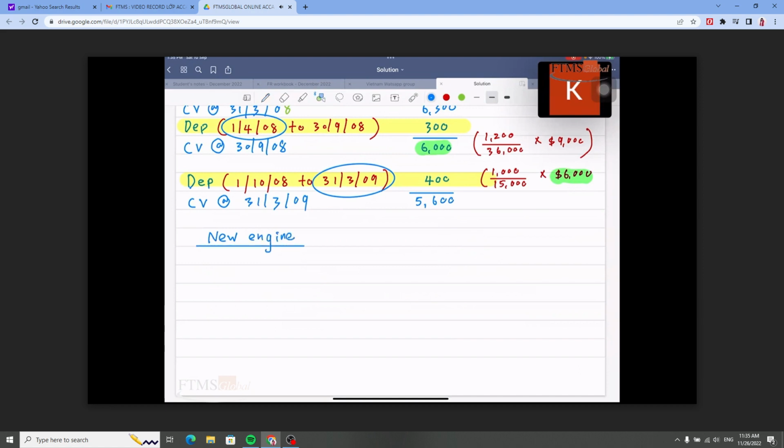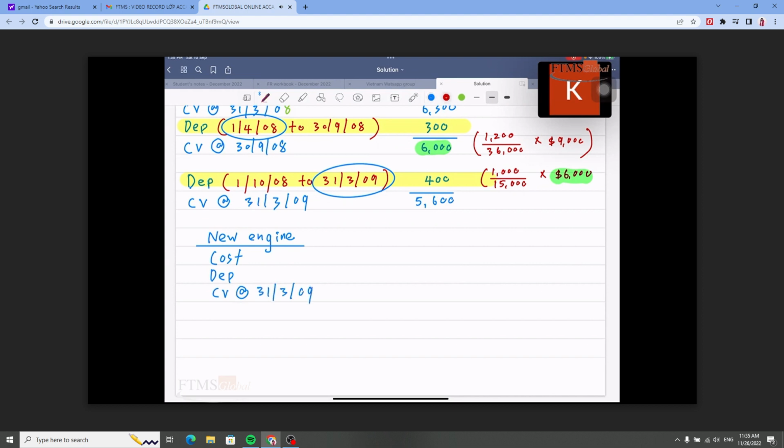So new engine, I think no complication, should be quite easy. New engine, cost, depreciation, carrying value at 31st March 09.